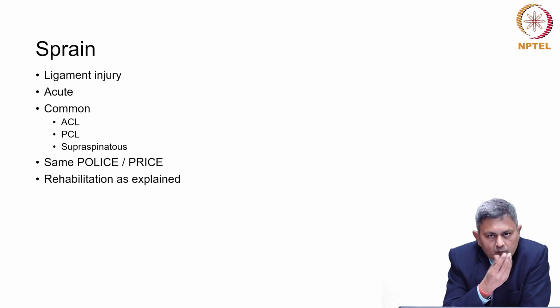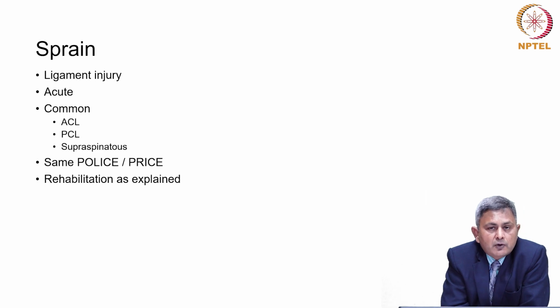And the initial management for any injury is POLICE or PRICE. Initially, at the time of injury at the playground, give rest, that is, provide a splint, then apply ice, give a compression bandage and elevate the injured body part.